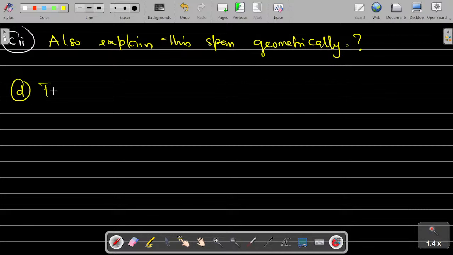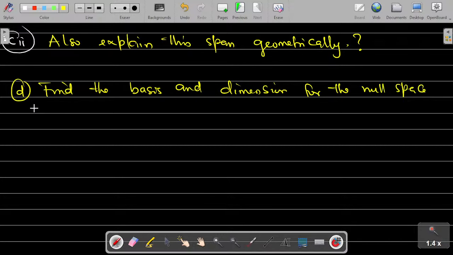It says we should find the basis and dimension for the null space of the matrix.